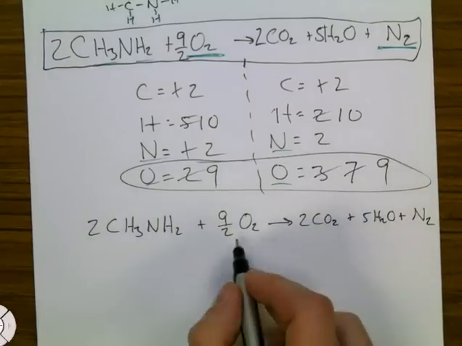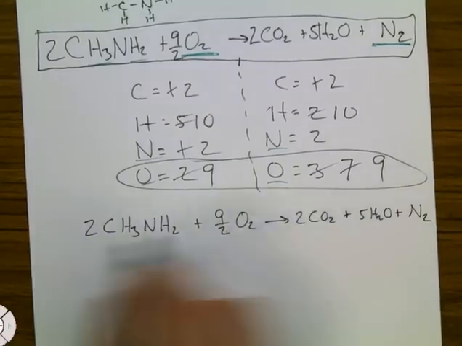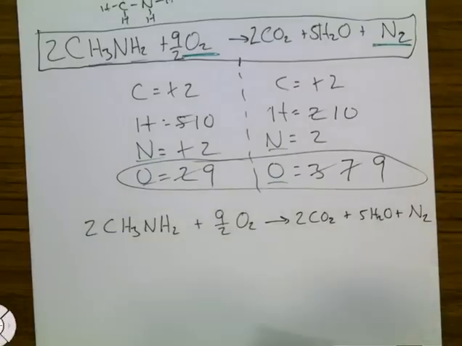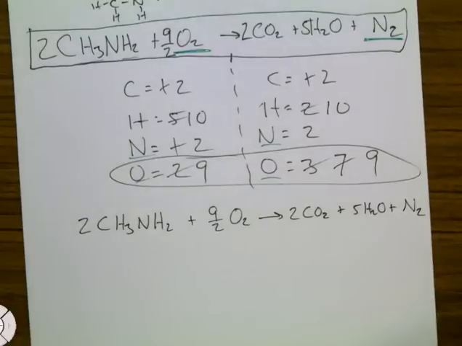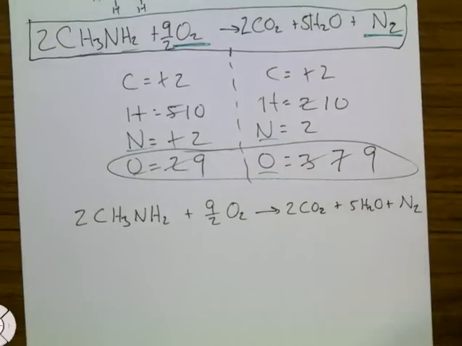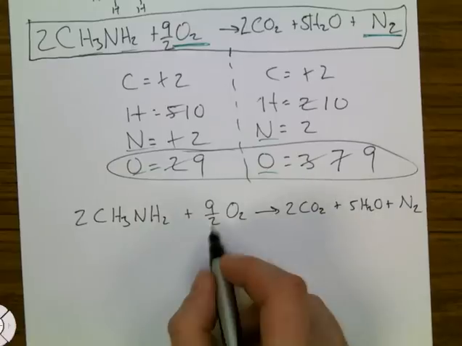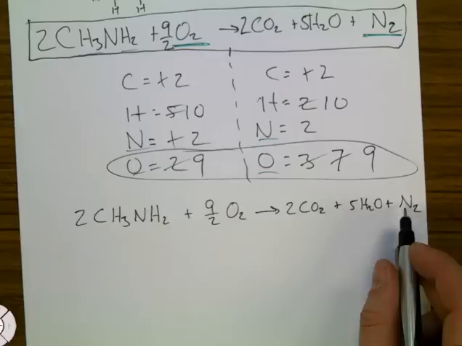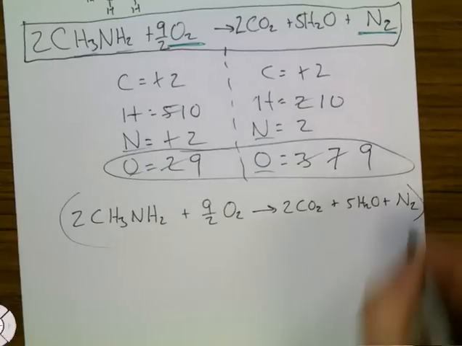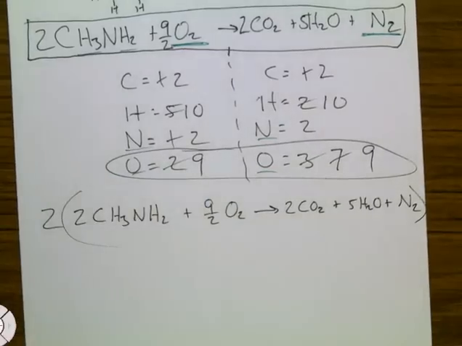But if I multiply this coefficient by 2, I have to do it with all the others. That's because I have to keep the ratio of every atom for every element in my balanced equation the same. That way my elements stay balanced. So if I multiply this by 2, I have to multiply this by 2, that by 2, this by 2, that by 2. You can think of it just like the distributive property in math.